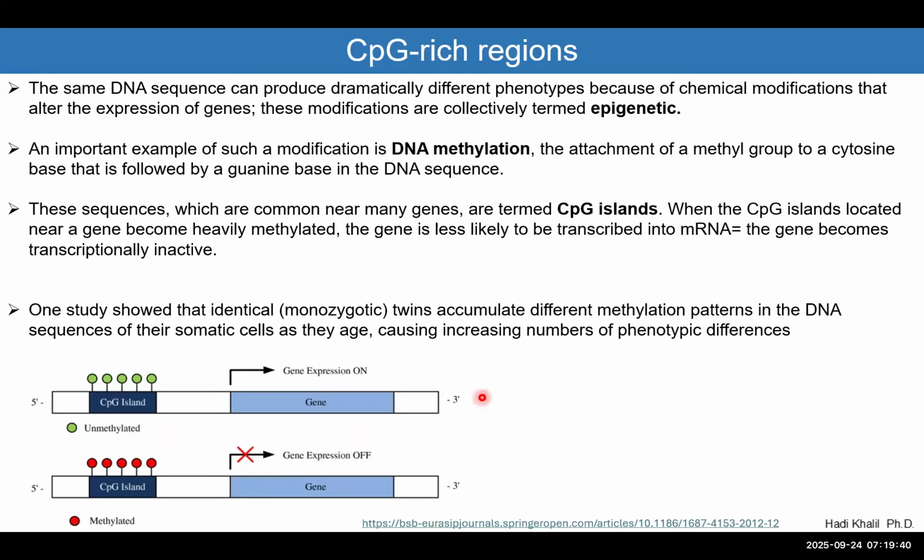And this image here is showing you the example. So you have here a CpG island that is unmethylated. Then the gene is transcribed. Whenever the CpG island is methylated, the gene is turned off.